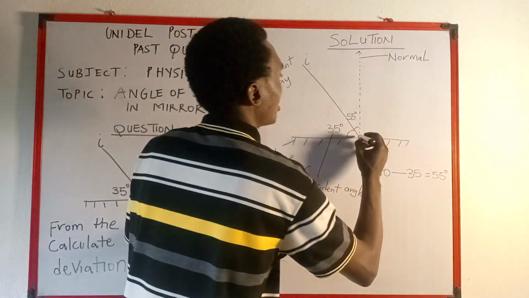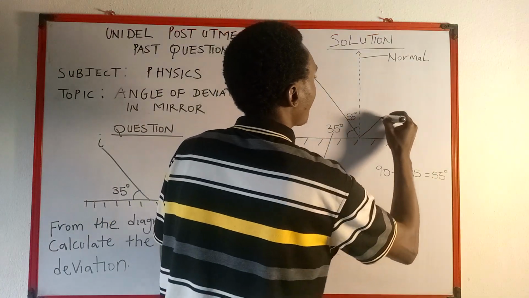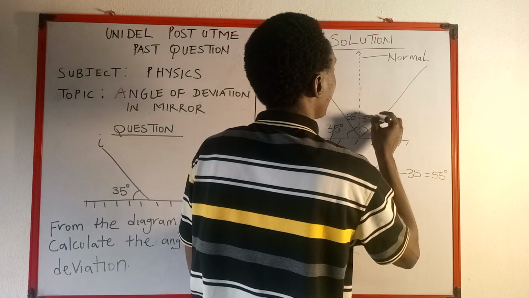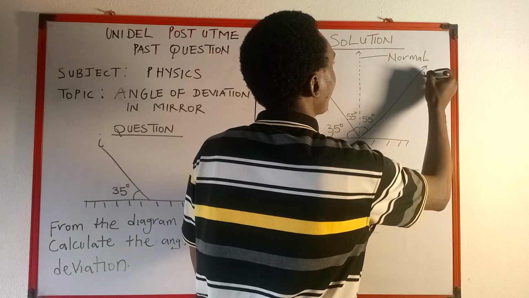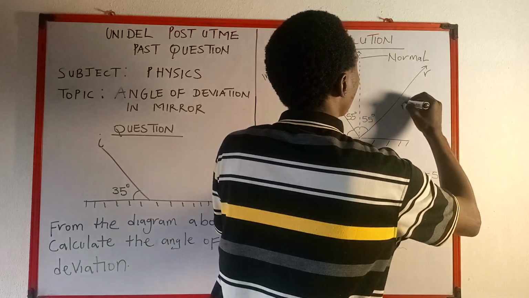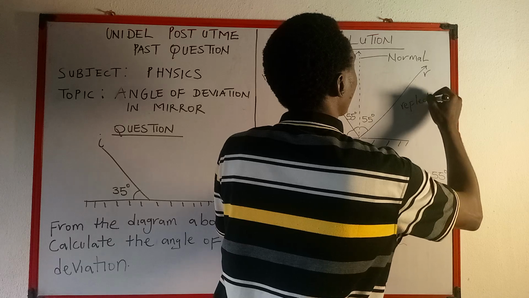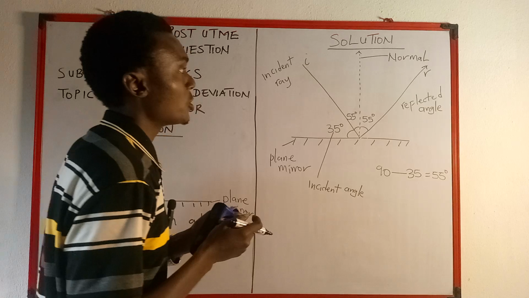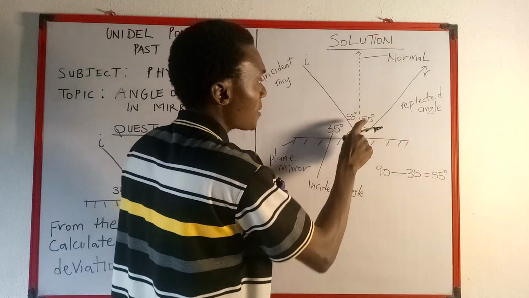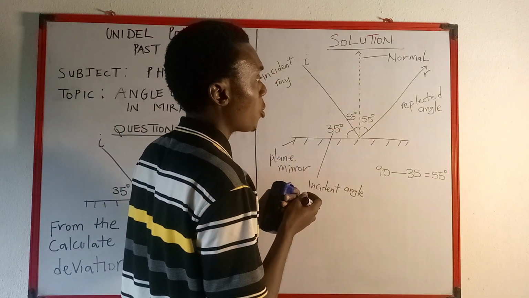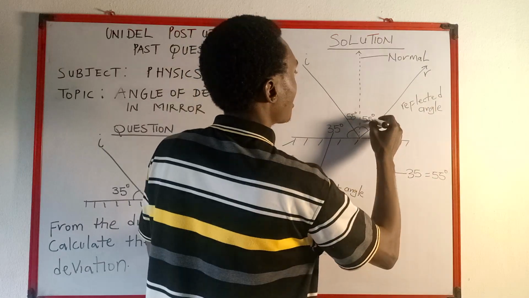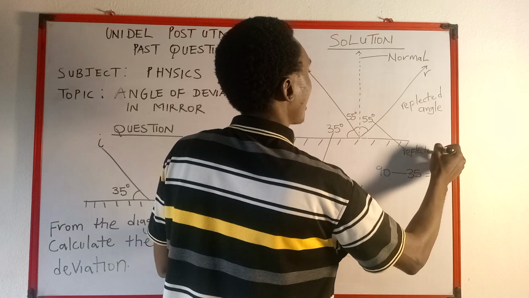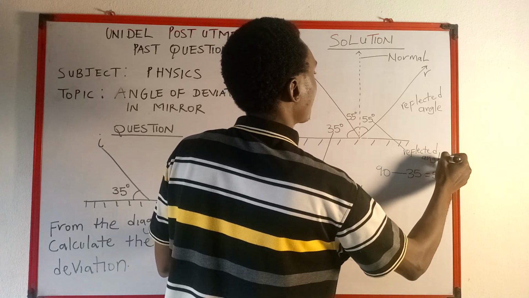This incident ray will now have the reflected part, also at 55 degrees. This one we call the reflected ray, making this 55 the reflected angle, or angle of reflection.